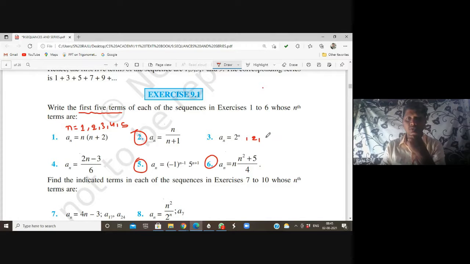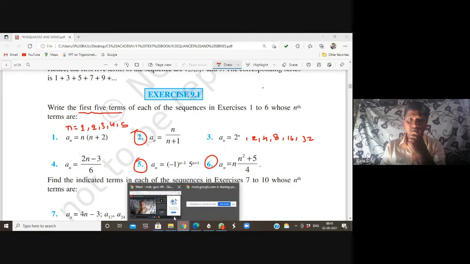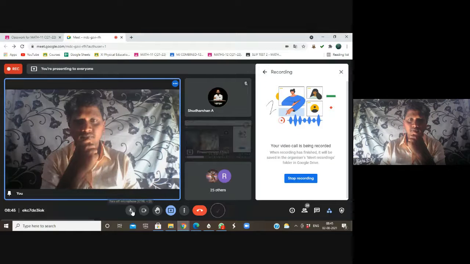Here it is 2, 2 square is 4, 2 cube is 8, next 16, 32. That's all. This is also easy, but all of you do second, fifth, sixth. I'll ask within 2 minutes.